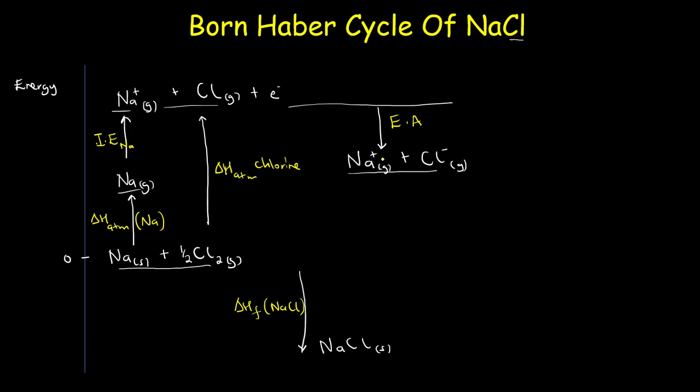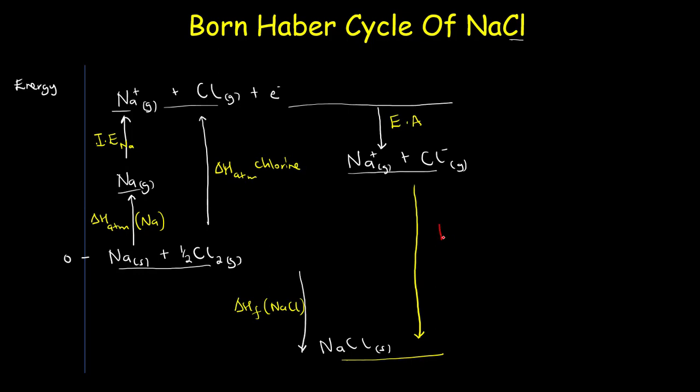Then when these two ions come together, the sodium ion and the chloride ion, to form sodium chloride, now this energy change is what we shall call the lattice energy. So these two can combine to form sodium chloride solid, and that's the energy change that we shall call LE, the lattice enthalpy of formation of our sodium chloride.